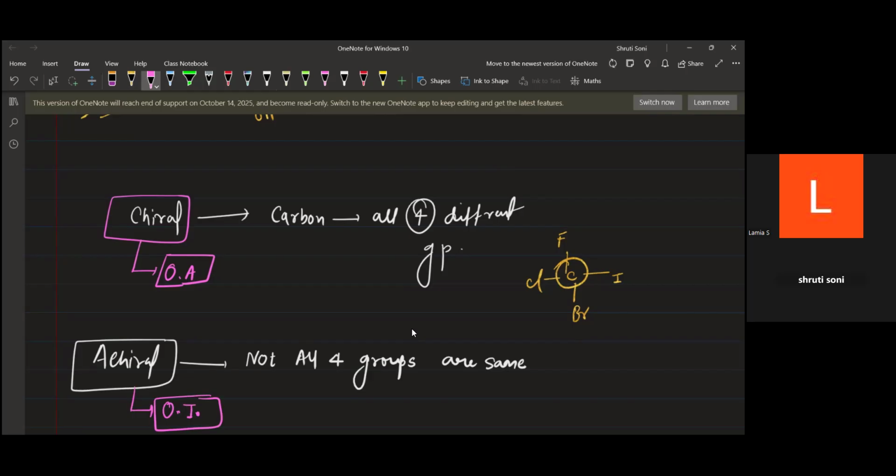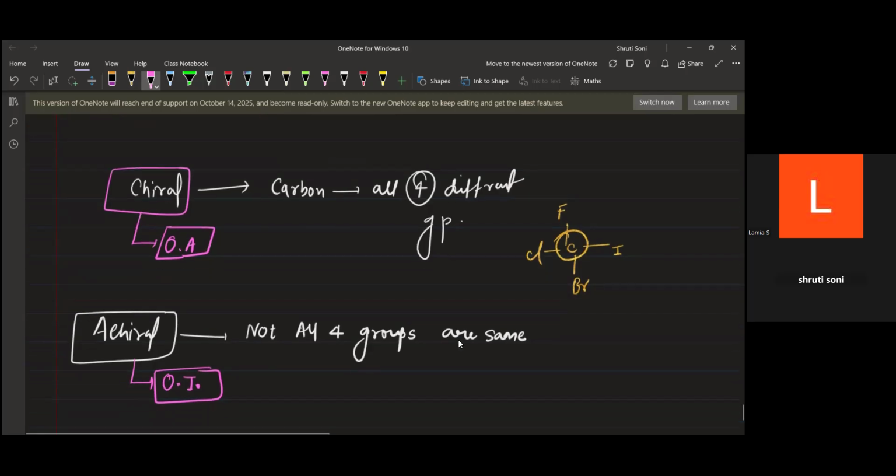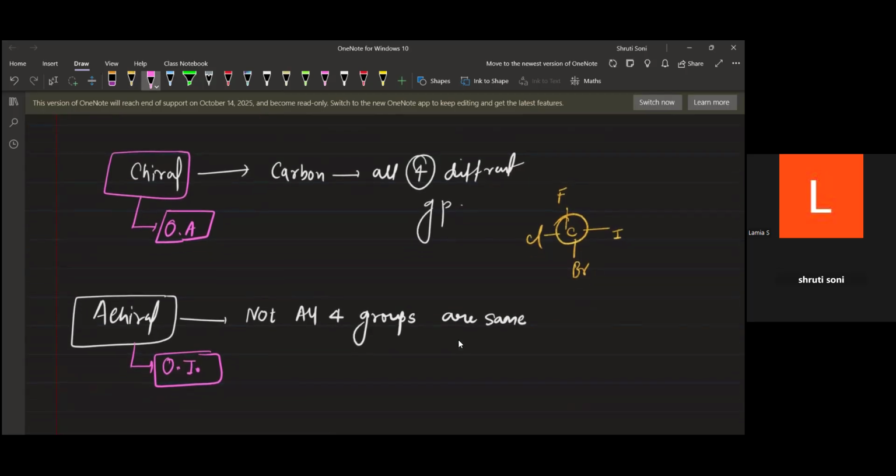Any issue up to now? What is chiral and achiral? Can I say that a chiral compound needs to be optically active, and achiral means an optically inactive compound?